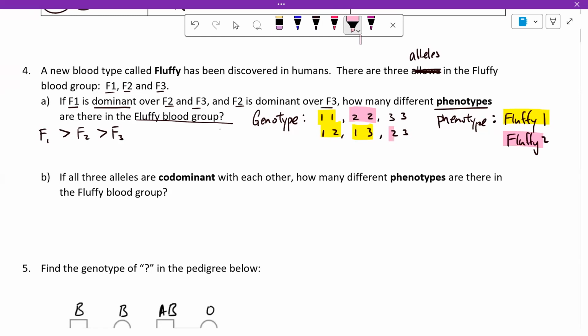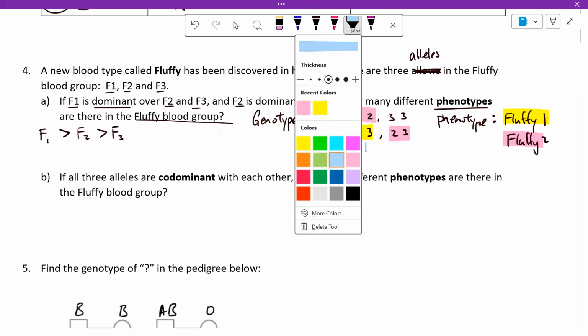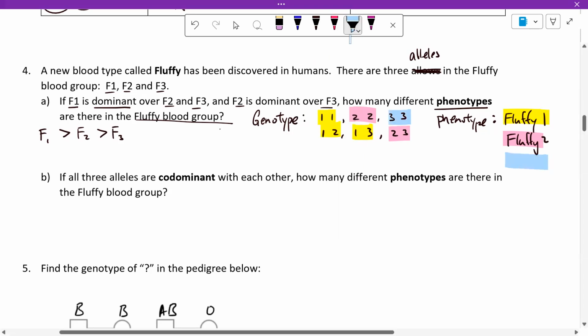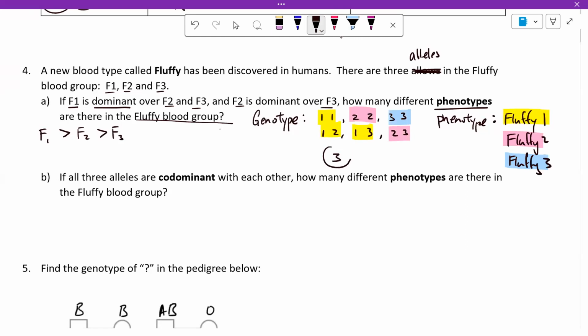Both 2, 2 and 2, 3 will be fluffy 2 because 2 is dominant over 3, according to the question. And finally, if you have 3, 3, that's just fluffy 3. So the answer is 3. There are 3 possible phenotypes for this newly discovered blood group.